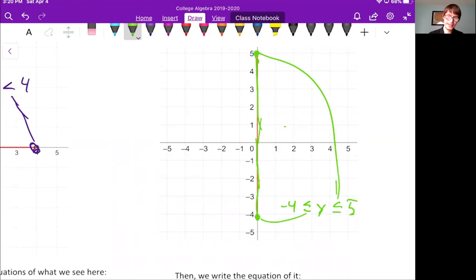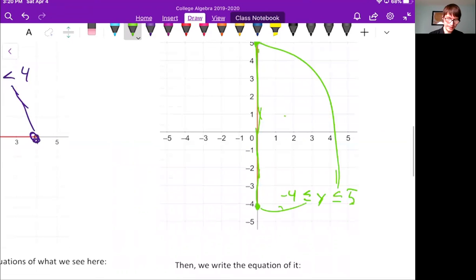So our answer is -4 is less than or equal to y, which is less than or equal to 5. And that's it. That would be our range. And that's how you solve domain and range problems.